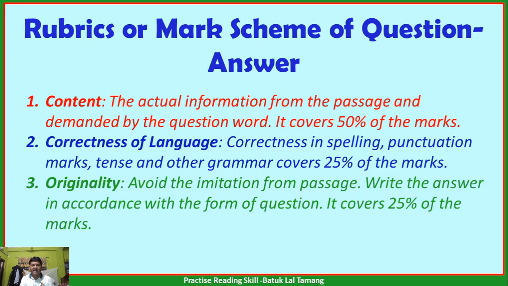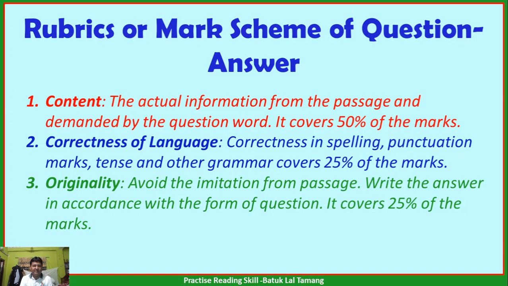And the actual information from the passage that the question has demanded is 10 years and 16 years. These are the content of the question answer. So if the content is correct, it covers 50% of the marks.